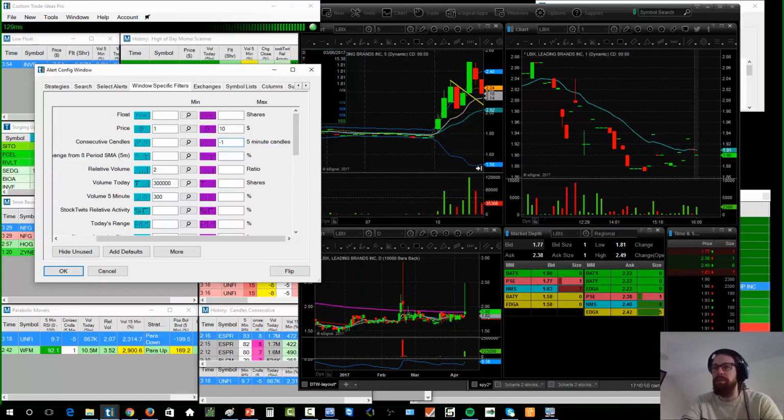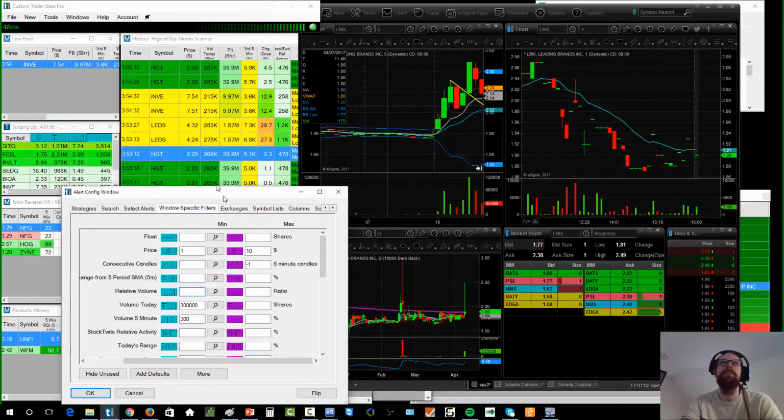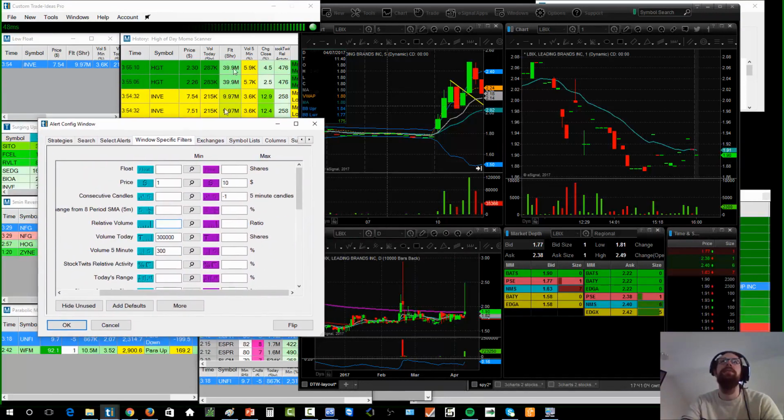3-bar pullback from the previous high. So relative volume, let's see. Now let's see if LBIX hit our momentum scanner, because if it did, we'll be able to see what the relative volume was. But today had 750,000 shares of volume, and yesterday it had 8,900. So I think it's safe to say a relative volume of 1.